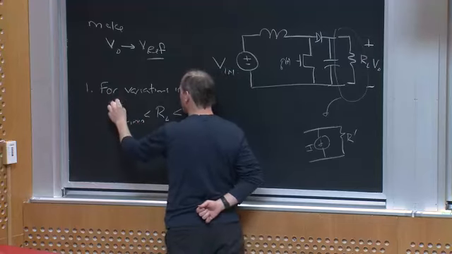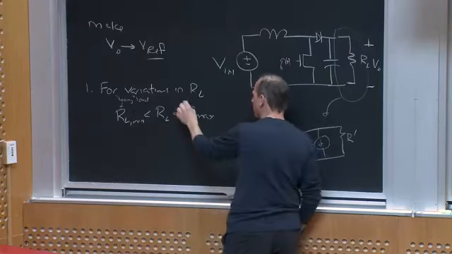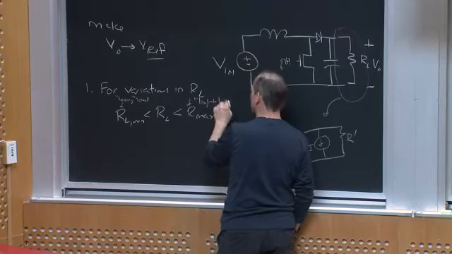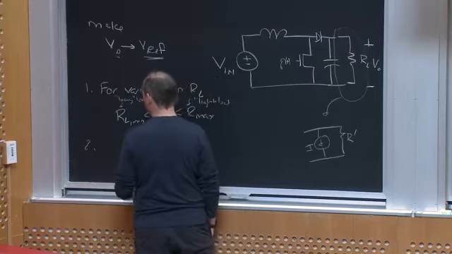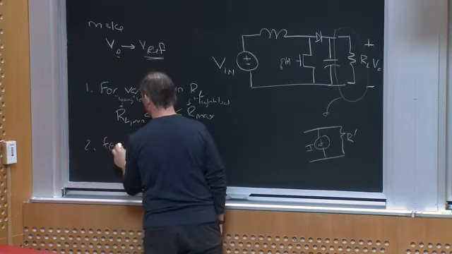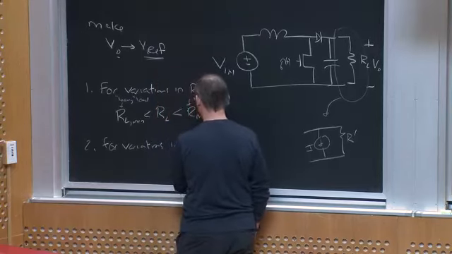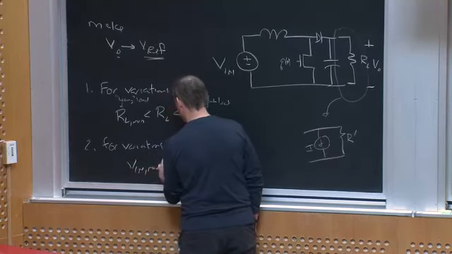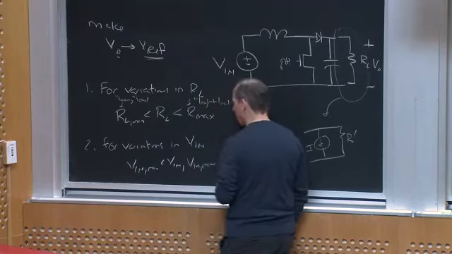So this would sort of be heavy load, because the lowest resistance gives me the highest power, and this might be light load, okay? I also need to keep Vout near Vref for variations in Vin. So maybe there's a Vin min less than Vin less than Vin max, right, that I've got to deal with.